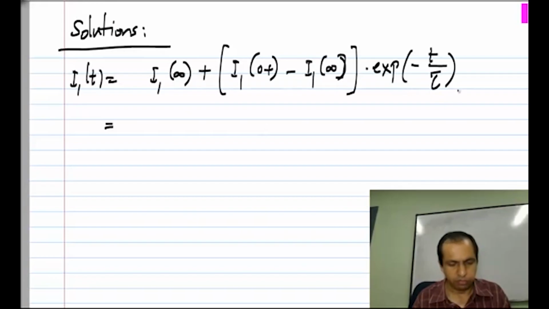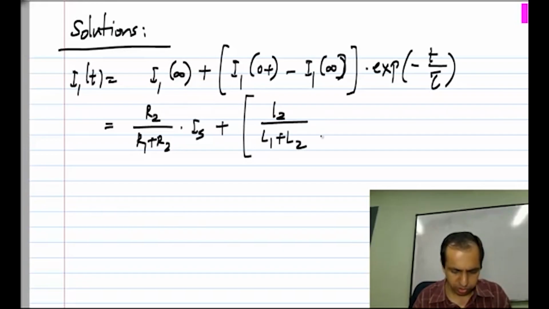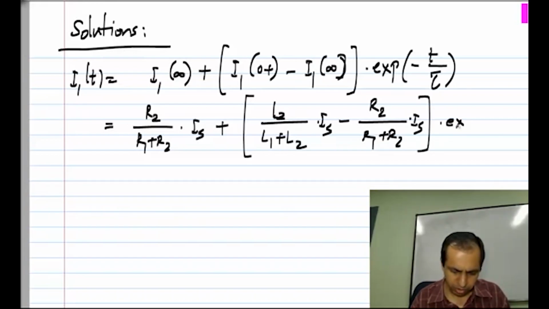this is of course the general form for any first order circuit, and I1 of infinity we found was R2 by R1 plus R2 times IS, and I1 of 0 plus is L2 by L1 plus L2 times IS minus I1 of infinity, which is R2 by R1 plus R2 times IS, exponential minus t by tau.